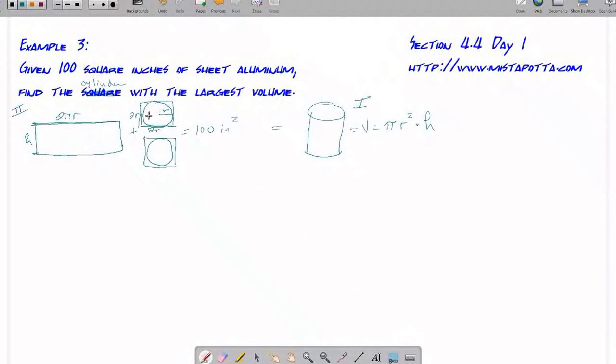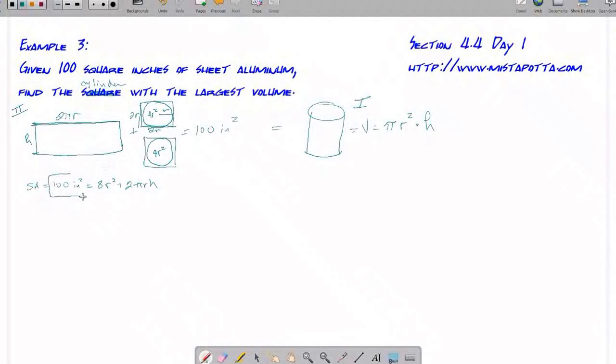So each of these squares is 4r squared. But I've got two of them, one for the top and one for the bottom. And so I know that my surface area, which can be no more than 100 square inches, has to be given by 8r squared plus 2 pi rh. And so this is my restriction.